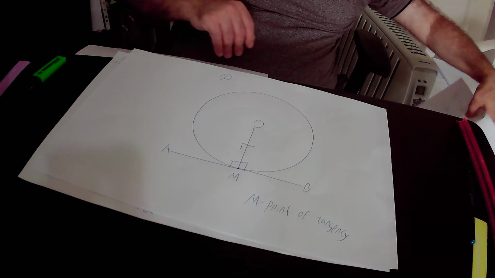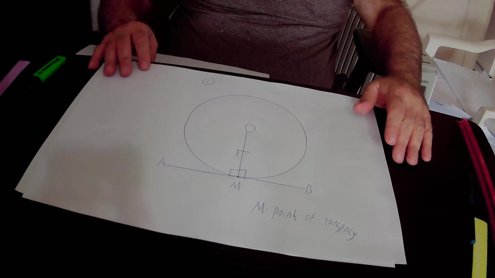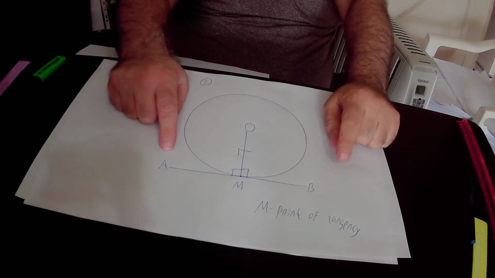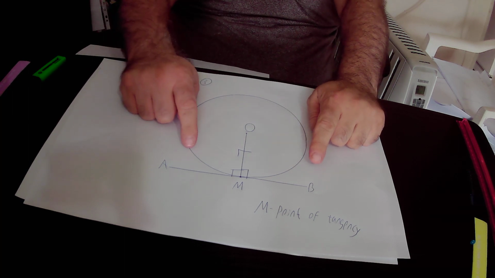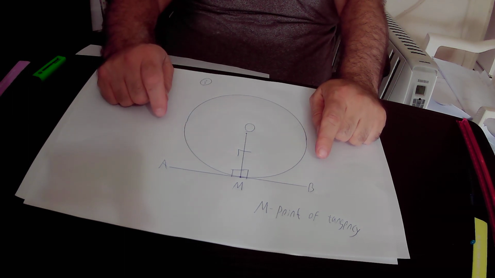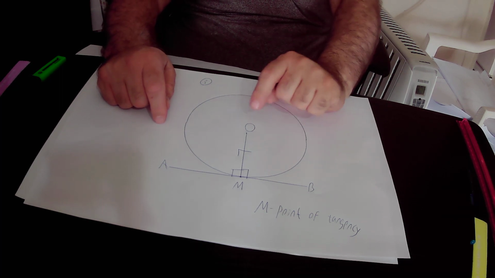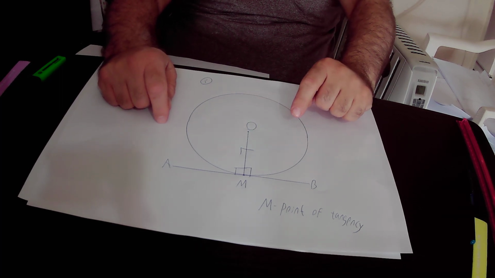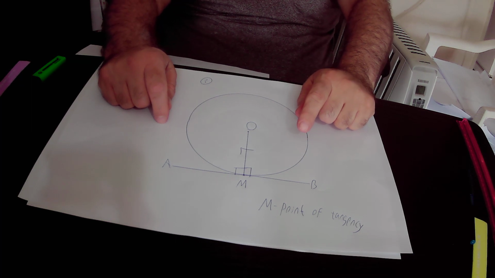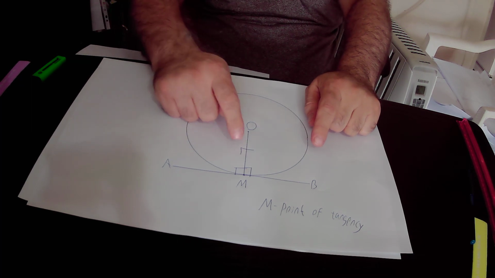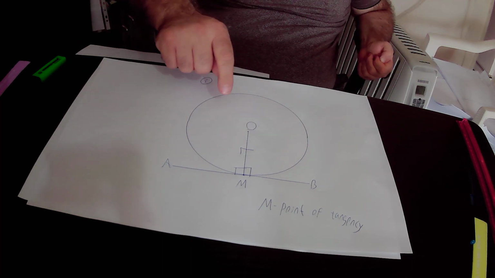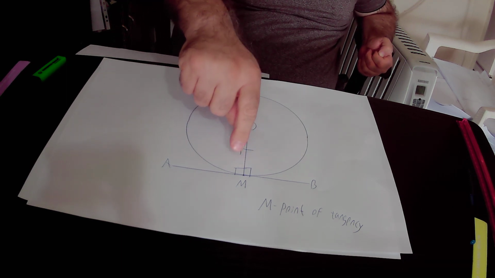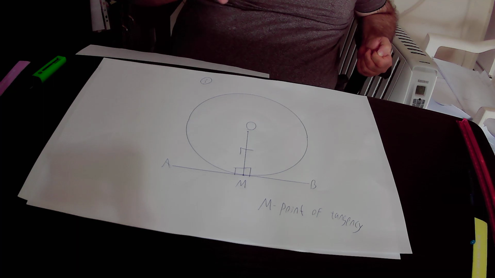If we have a circle and AB is tangent to this circle at point M, M is the point of tangency of tangent AB with this circle, and we have the radius OM drawn to point M. In this case, according to rule number 1, the tangent AB is perpendicular to this radius, that is to say this angle equals 90 degrees and this angle also equals 90 degrees.